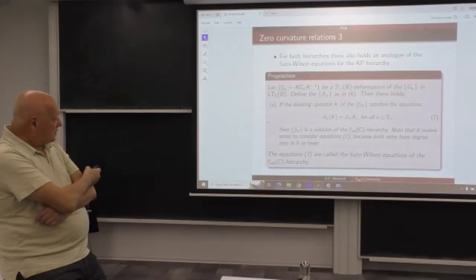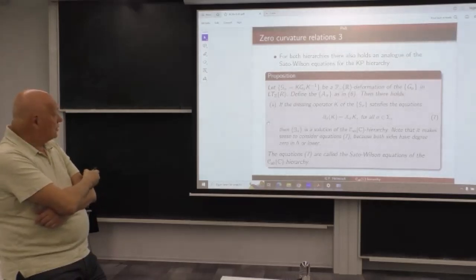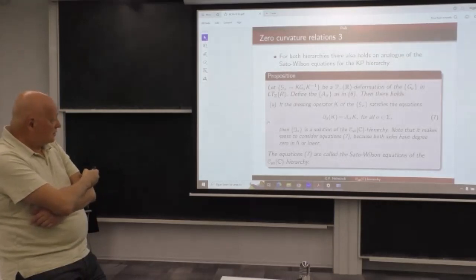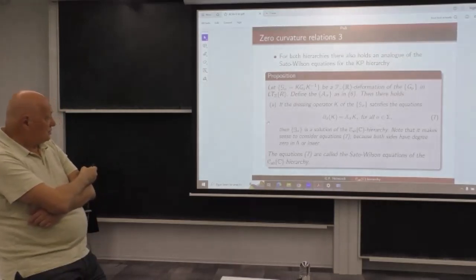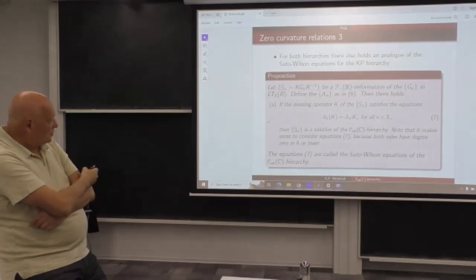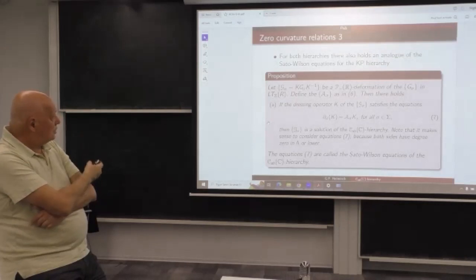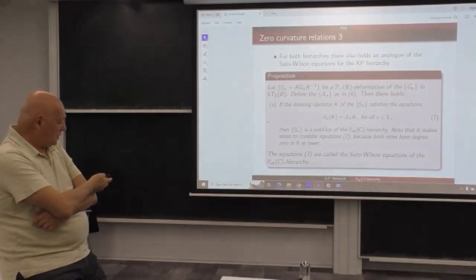So if the dressing operator satisfies this, then it's automatically a solution of the hierarchy. And this equation 7 is called the Sato-Wilson equations. That's simply in analogy with the KP.